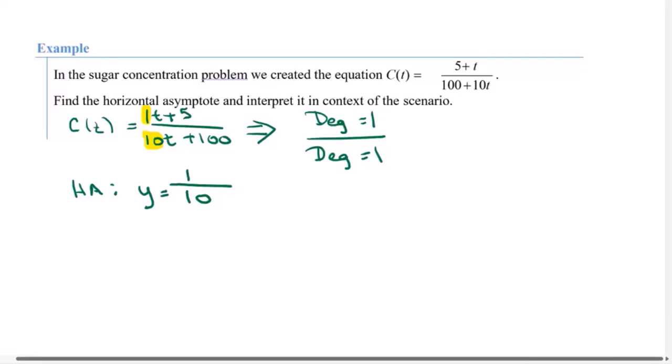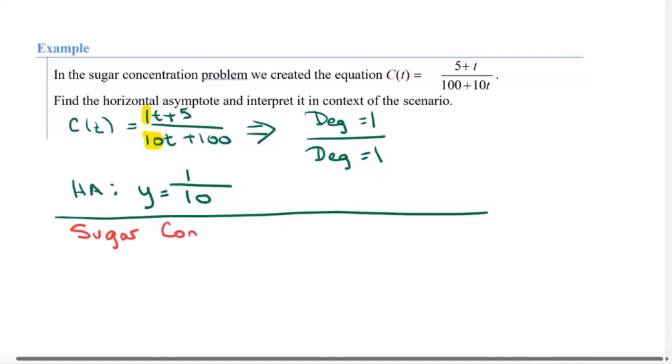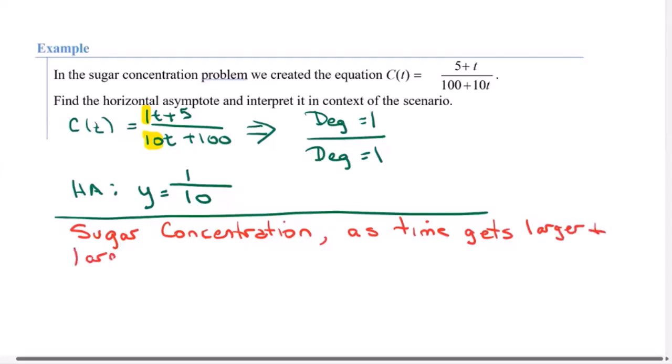So we've found the horizontal asymptote. Interpreting it in the context of the scenario, this says that the sugar concentration as time gets larger and larger, approaches one-tenth.